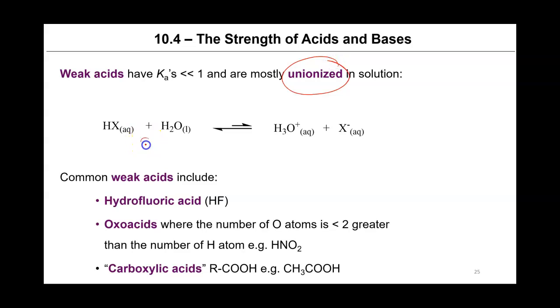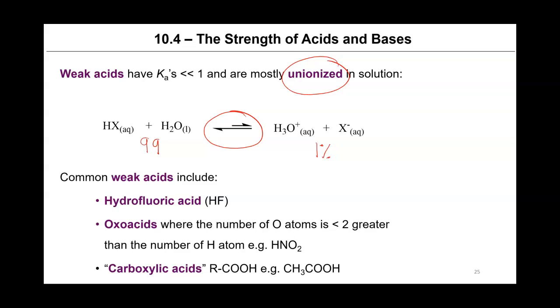So for a typical weak acid, you might have, say, 99% of the acid remaining intact and only 1% of it being converted to ions. For that reason, we're going to use an equilibrium arrow when we're talking about the dissociation of a weak acid.